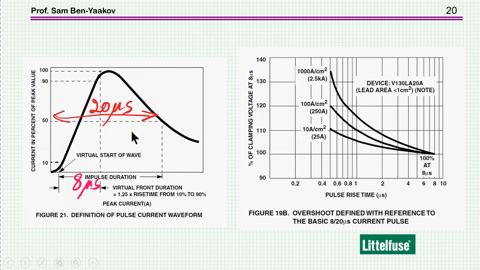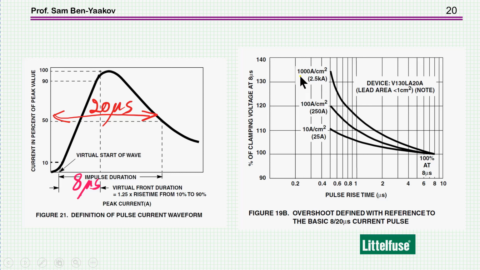This is the pulse, of course. And what it says here is that if the pulse rise time is whatever is given here, then with the given currents, this is the overshoot that you would expect. So this is above the steady state, or static, VI curve.